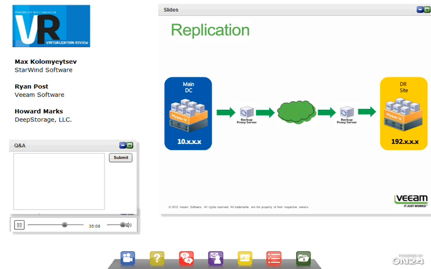I see a lot of this day in, day out; this is what customers are wanting. So if they did lose their remote office, they could at least spin up those virtual machines in their main data center and run from there, making certain network connections for that to happen. With our replication process, we do include ReIP functionality, as you see here, a 10.xxx to a 192.xxx IP scheme. But we also can fail the data back.